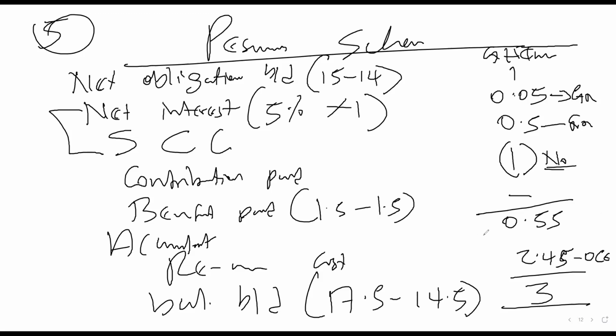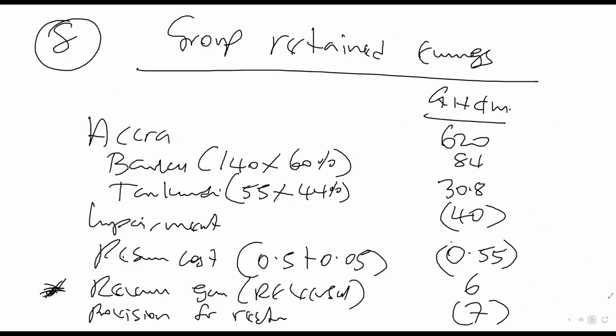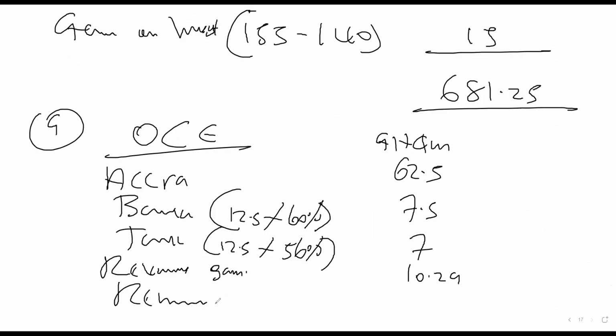Is it gain or loss? Let's check. We had 0.55, but the liability was 3. So it's a loss, right? Loss, yeah. Good. The remeasurement cost into bracket loss, 2.45. Loss we are subtracting. What's the closing balance? Then it will balance nicely for you.